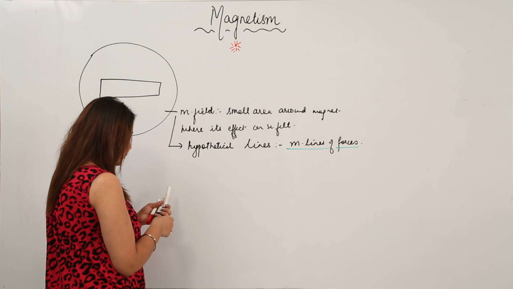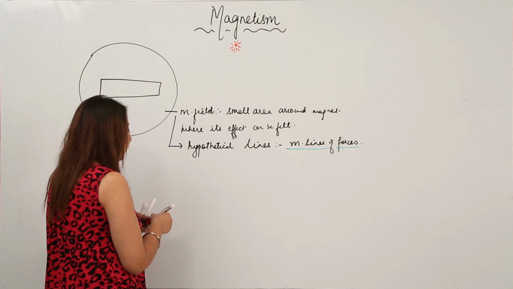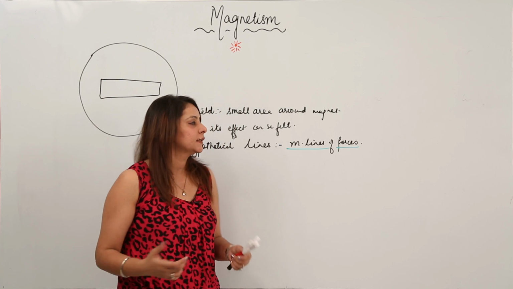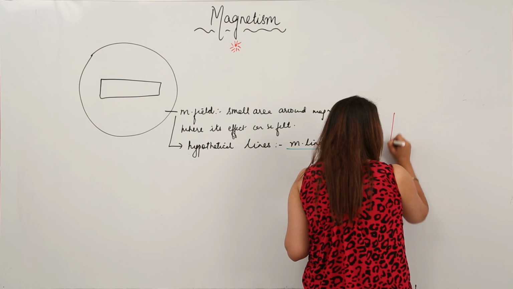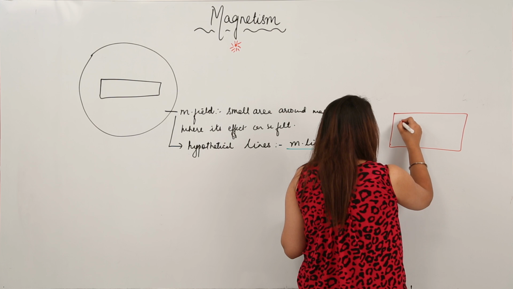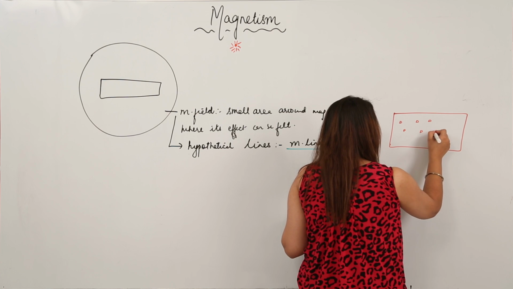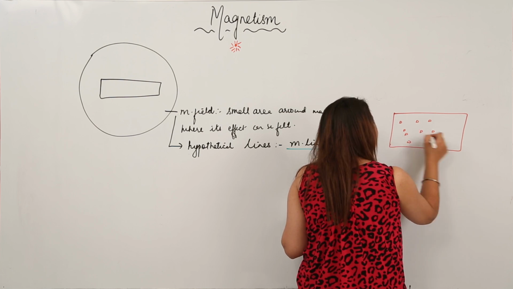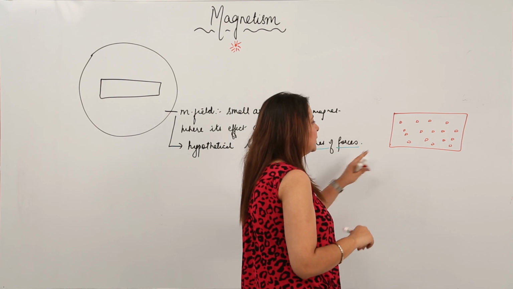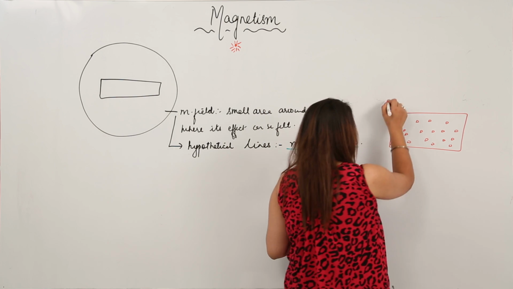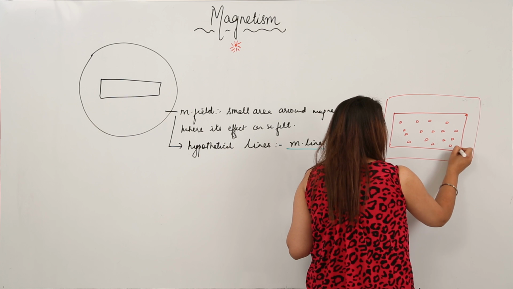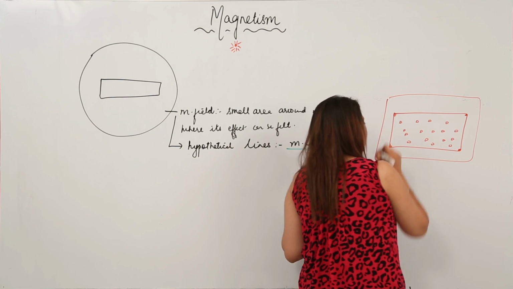So I am just trying to tell you about the characteristics of the magnetic lines. If you want to see those magnetic lines, how can we actually know that? Let's take a sheet of paper, you can do it. Sprinkle iron filings on it like this. Now place this paper on a wooden board and pin this paper on the wooden board.